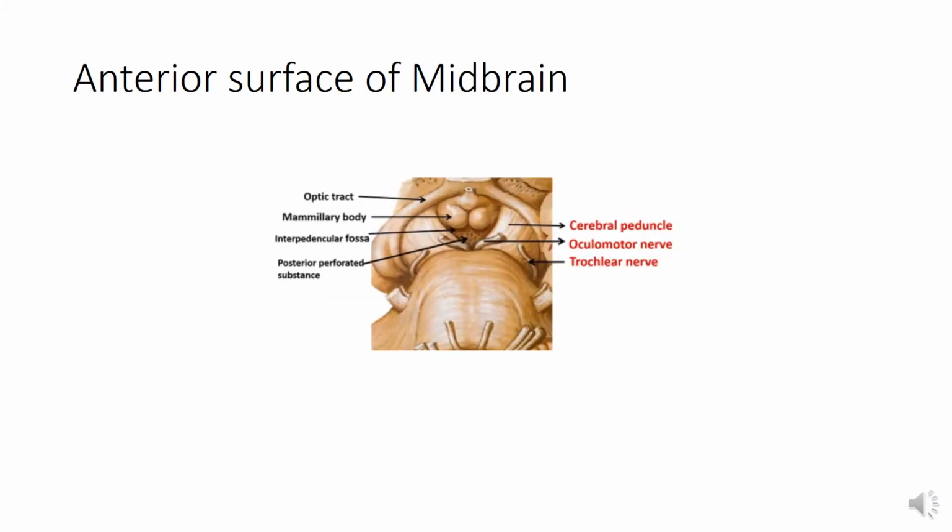The anterior surface of the midbrain. Now, the anterior surface of the midbrain shows a depression in the midline. This is known as the interpeduncular fossa. As you can see here, the interpeduncular fossa is bounded by the cerebral peduncles.